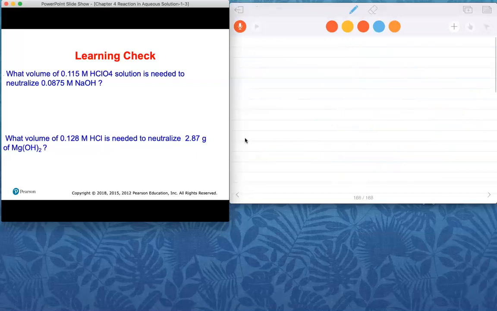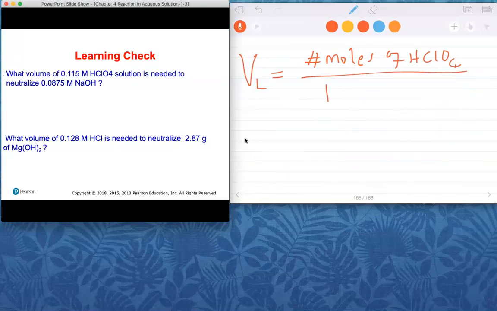From the molarity, rearranging the equation, the volume in liters is given by the number of moles of HClO4 over the molarity of HClO4.